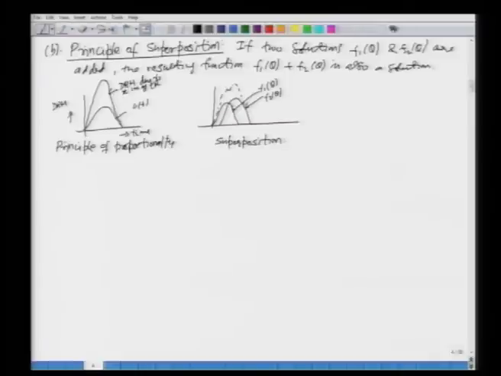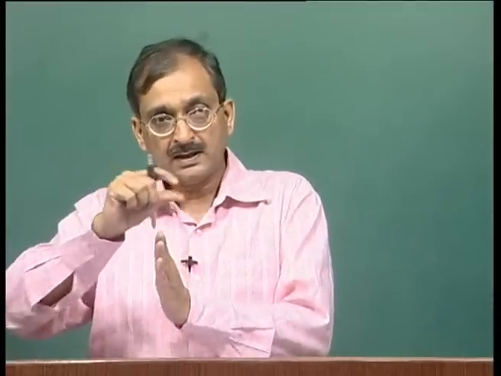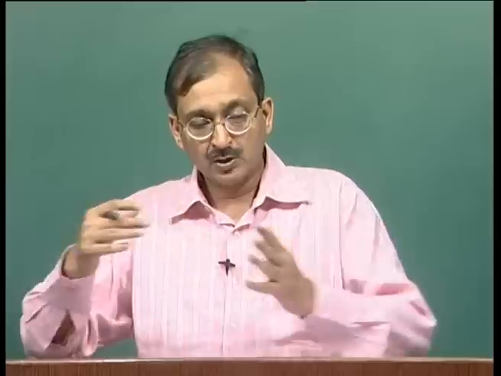So, this is your F1 plus F2. Let us say it is some F, due to some rainfall occurring at some time plus another rainfall impulse occurring a little later. All right. So, you are able to get the superposition.